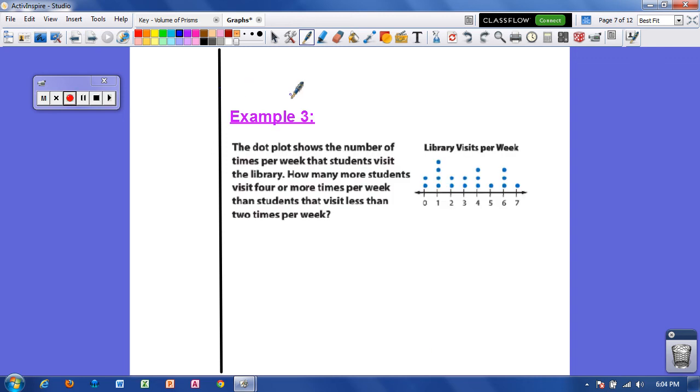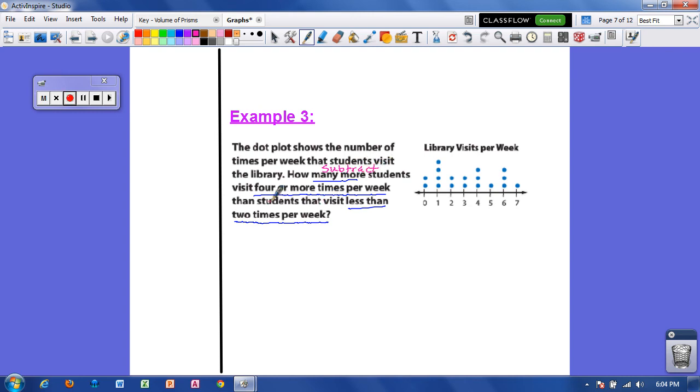All right, example 3. The dot plot shows the number of times per week that students visit the library. How many more students visit 4 or more times per week than students that visit less than 2 times per week? If I see how many more, that means I'm going to subtract.